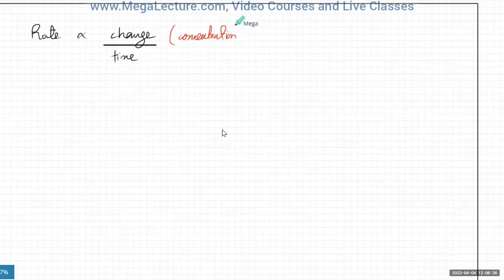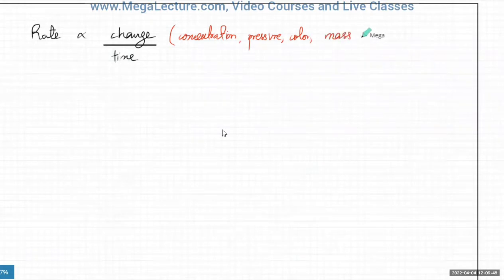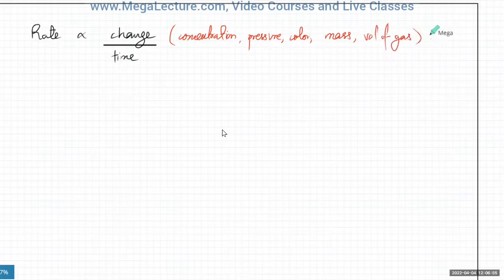It could be the change in pressure over time, any change, a color change over time. You could have a mass change, the volume of gas changing. So any change that happens with respect to time.